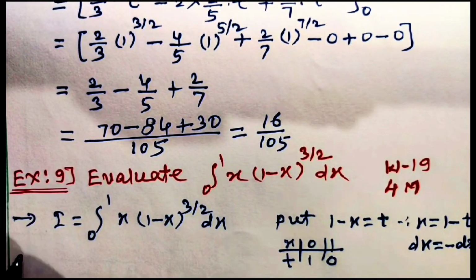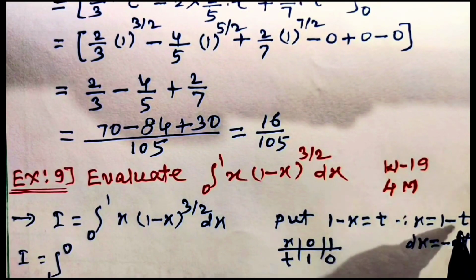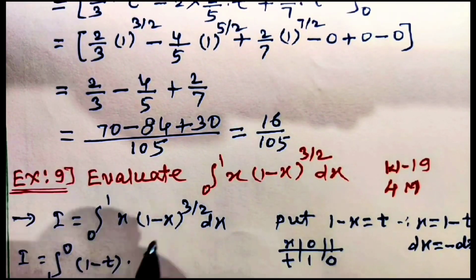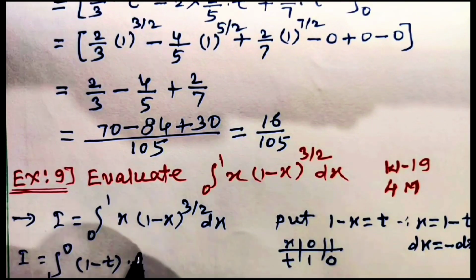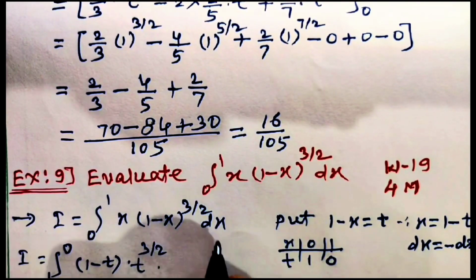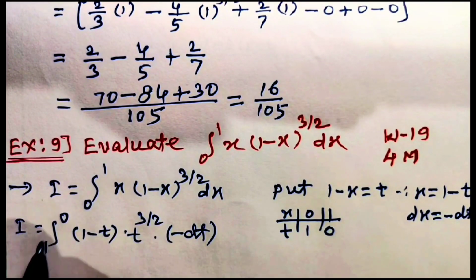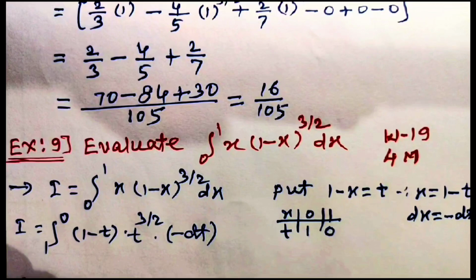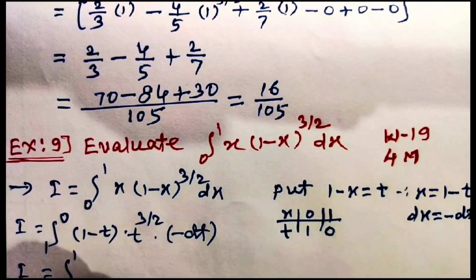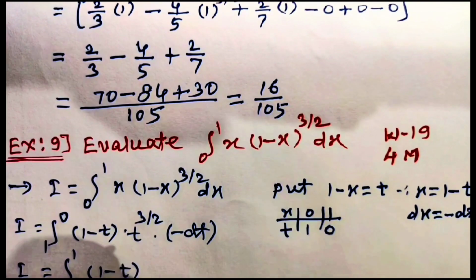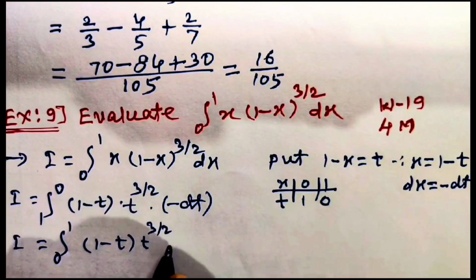Substitute here. Hence I is equal to the integral from 1 to 0, where x you can replace by 1 minus t, then 1 minus x you can replace by t to the power 3 upon 2, and dx you can replace by minus dt. And then this minus sign, if we take it here, then the limits will interchange. Hence I is equal to the integral from 0 to 1 of 1 minus t into t to the power 3 upon 2 with respect to t.